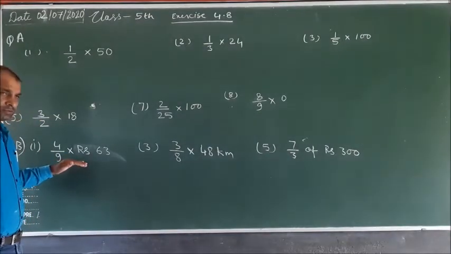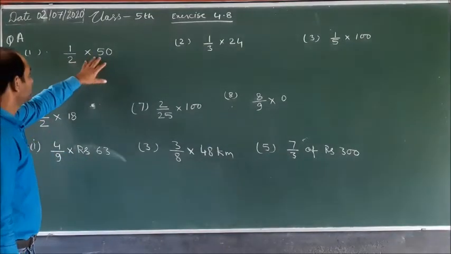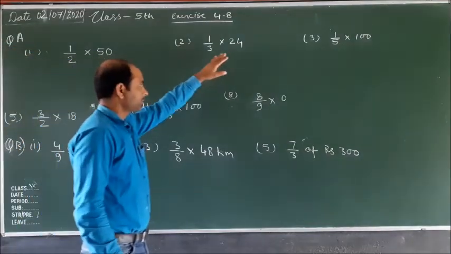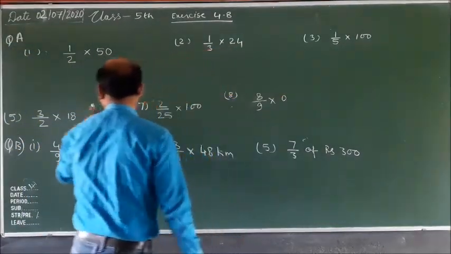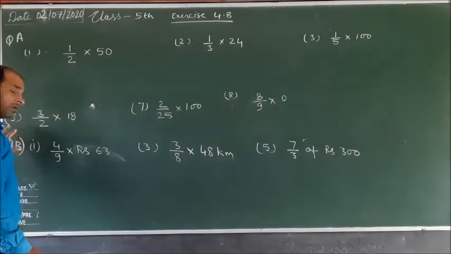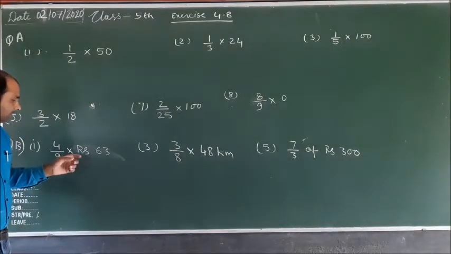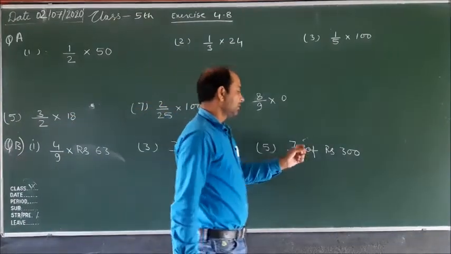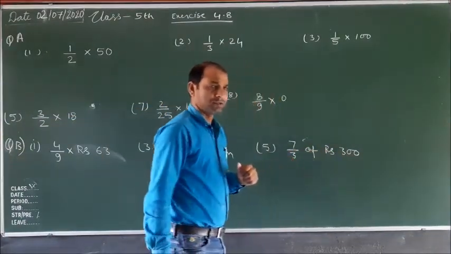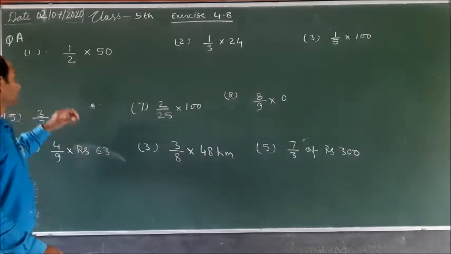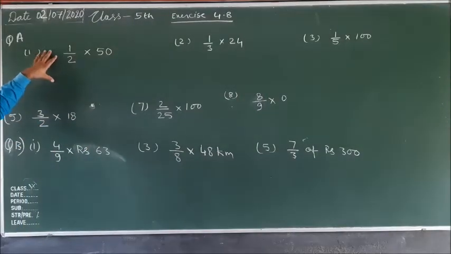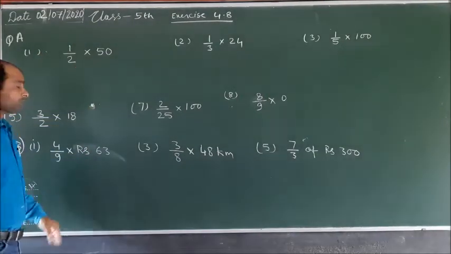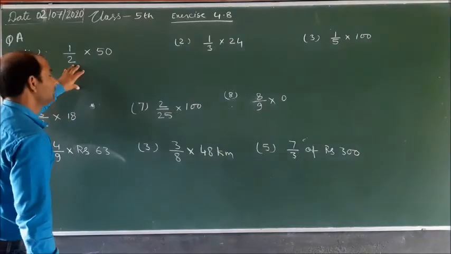In this question only 50, 24, 100 numbers are given. But in question number B, rupees 63, 48 kilometers, 300 kilometers. So first we solve this question. How do we multiply here?